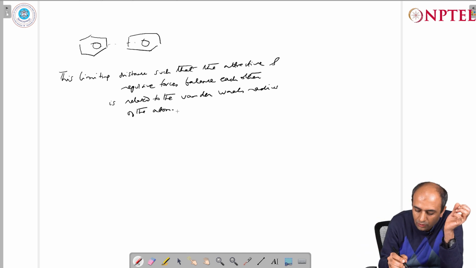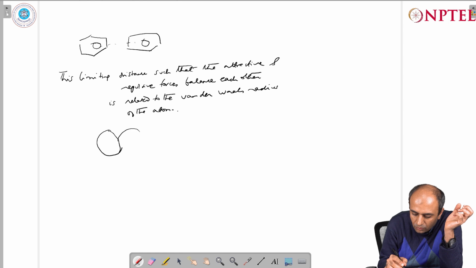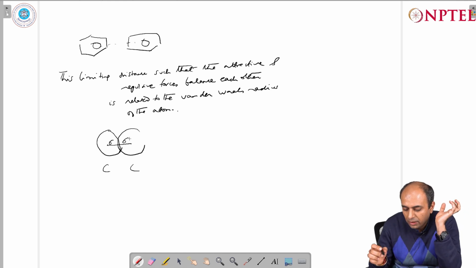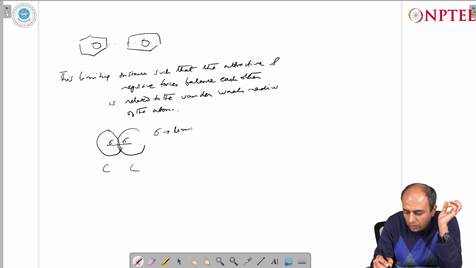So essentially when the two atoms touch each other, we can say that, say if these two are carbon, then this is sigma. I refer to this as sigma, where sigma refers to the limiting distance, which is the van der Waals radius of the atom.